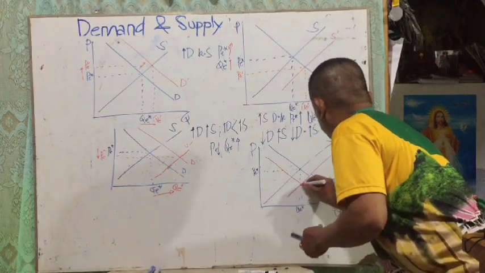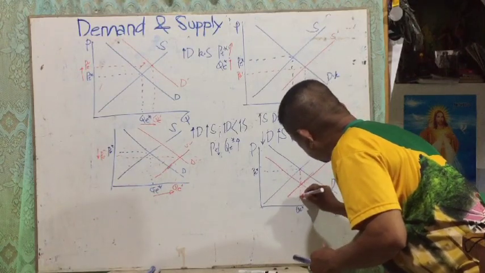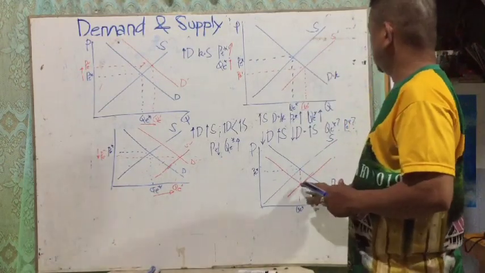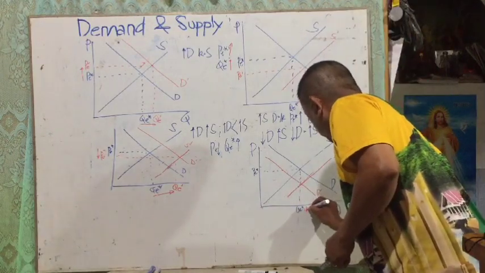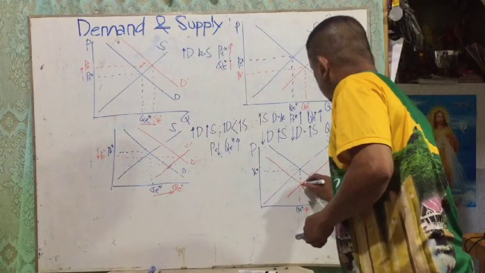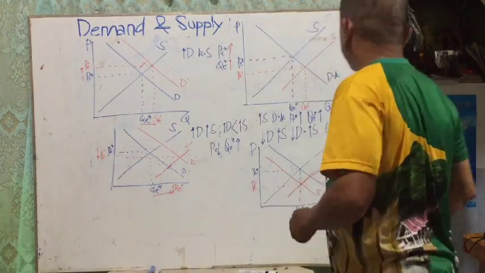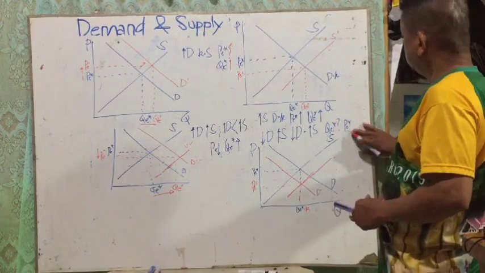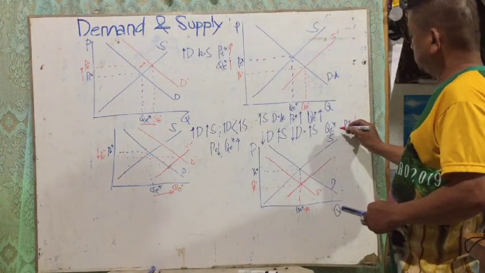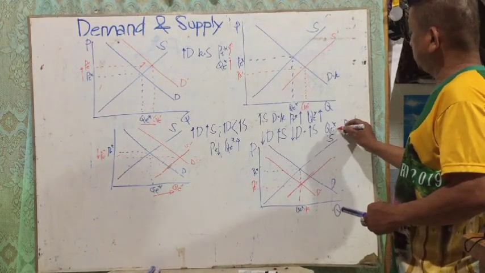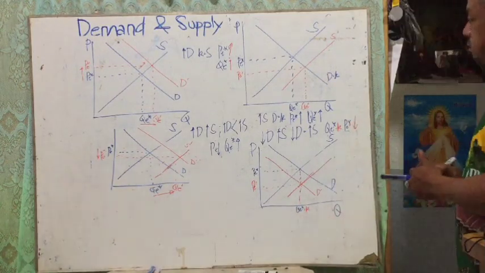So you just consider this illustration. So the result here is the equilibrium price is constant at this point, for example, while only the equilibrium quantity had decreased. So equilibrium quantity decreased while equilibrium price is constant.